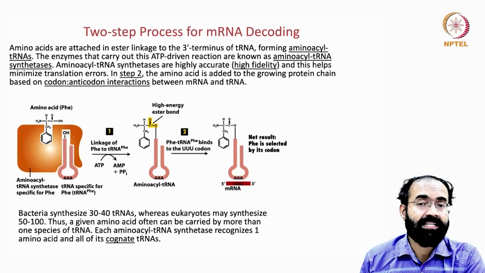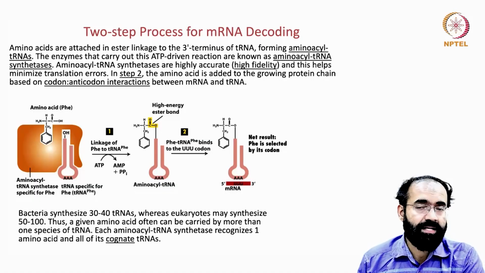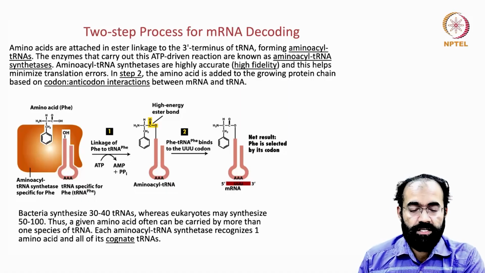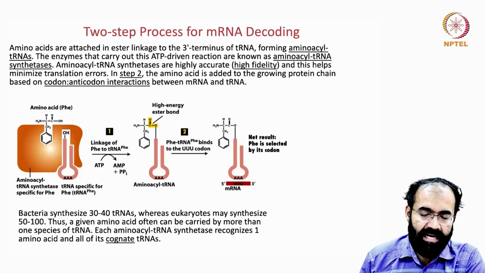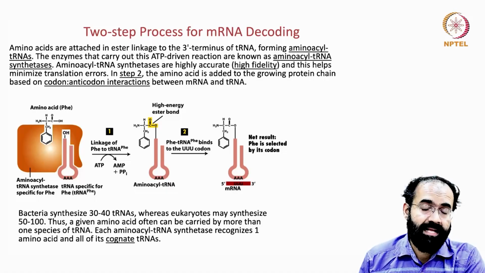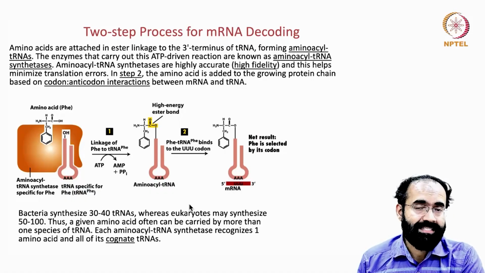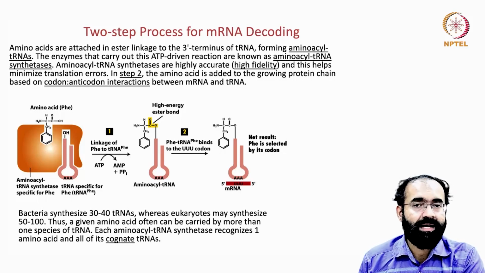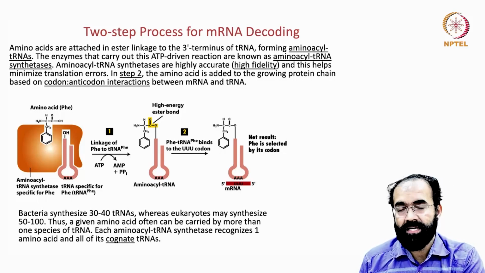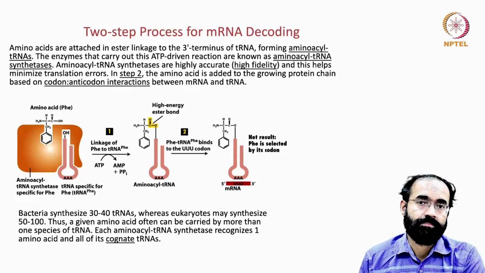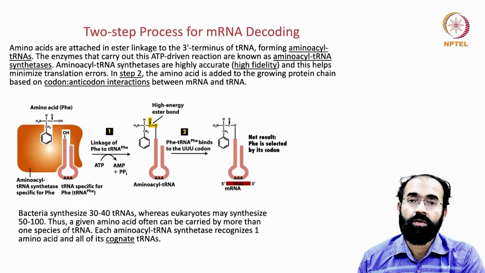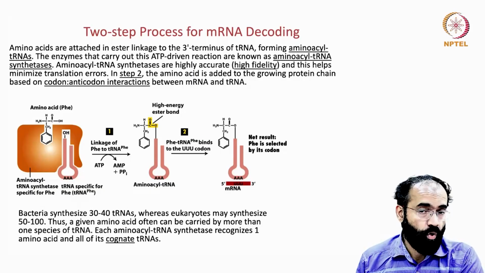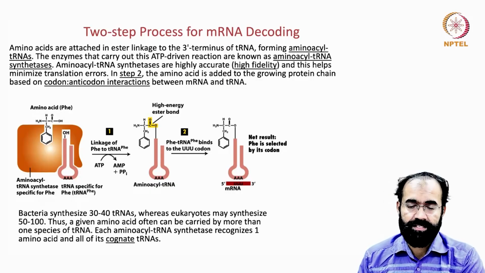We know arginine has 6 codons, so naturally it will have 6 tRNAs with the corresponding anticodons. The arginine aminoacyl tRNA synthetase can recognize all the 6 tRNAs that contain the corresponding anticodons. So one aminoacyl tRNA synthetase can happily deliver the arginine amino acid to all the 6 different types of tRNAs corresponding to the codons of this amino acid.